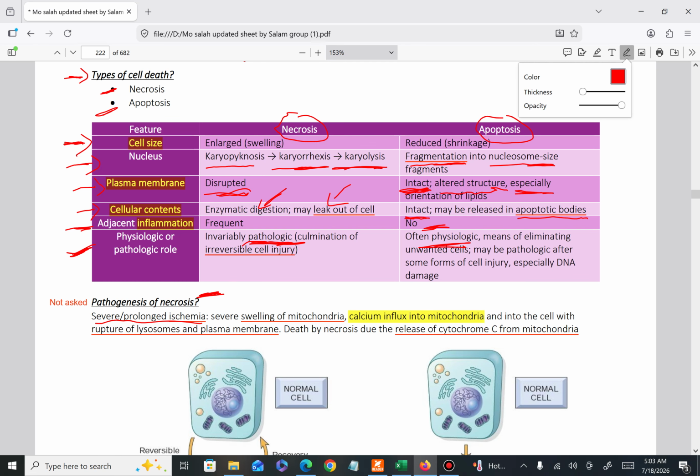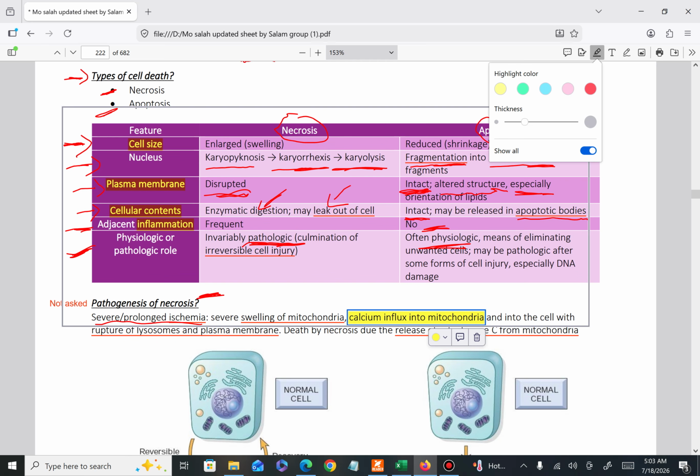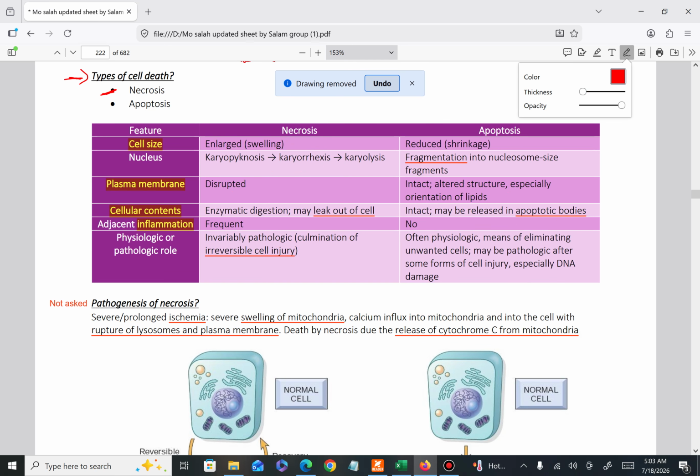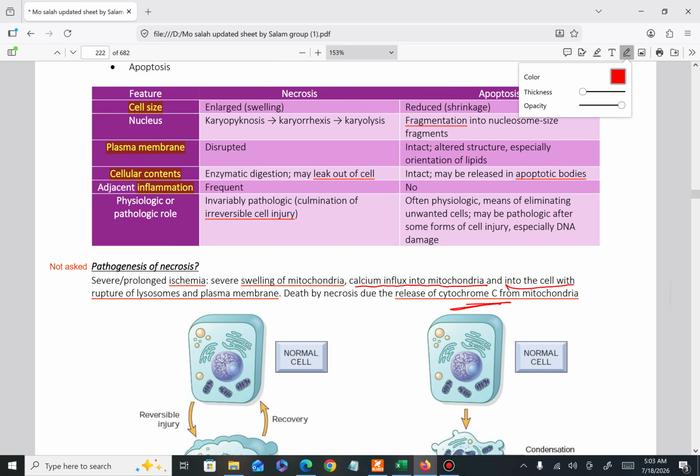Then there is calcium influx into the mitochondria and into the cell, with rupture of lysosomes and plasma membranes. So death by necrosis is due to release of cytochrome C from the mitochondria.